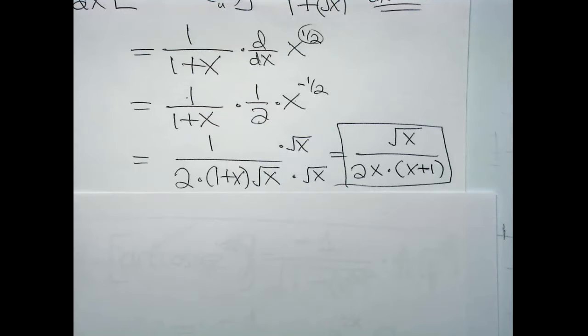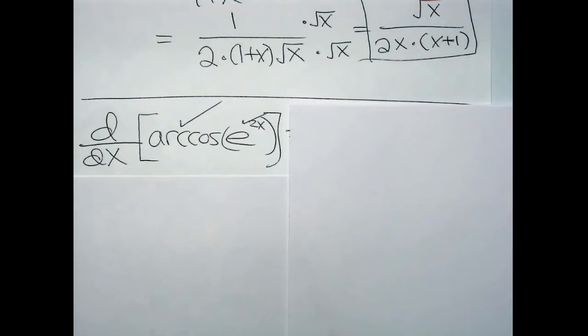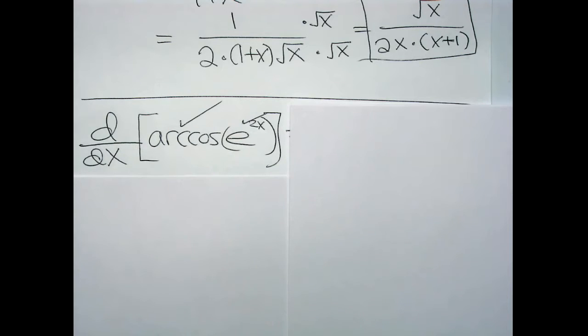I want to try another derivative, this time an arc cosine. So what is the derivative of the arc cosine of e to the 2x? Not the cosine of e to the 2x, the arc cosine of e to the 2x. Now, in order to do this, you start with your outer function first, like we always do, and we run our chain rule.